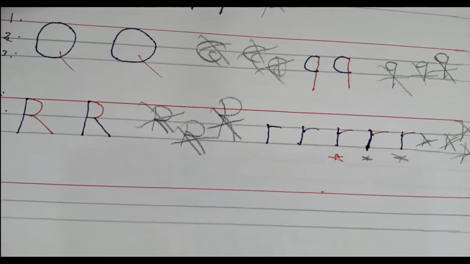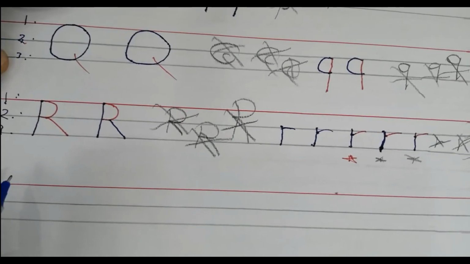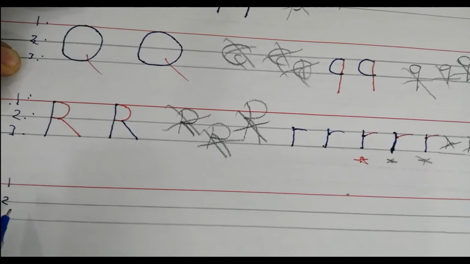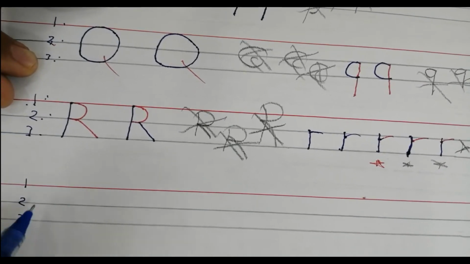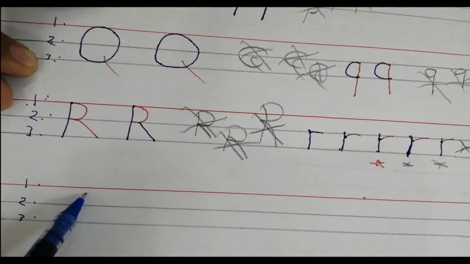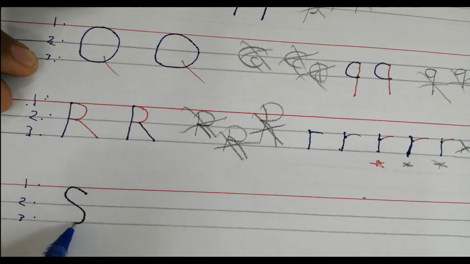S, I always say S is like a snake. Here, 1, 2, and 3. Line 1, line 2, line 3. S, starting from line number 1, going to line number 3, and up again. You see?